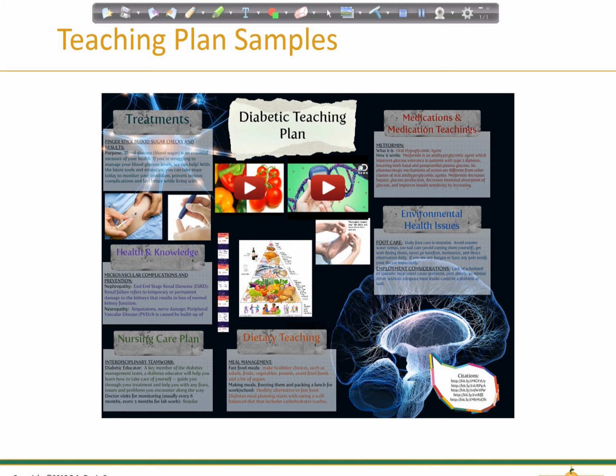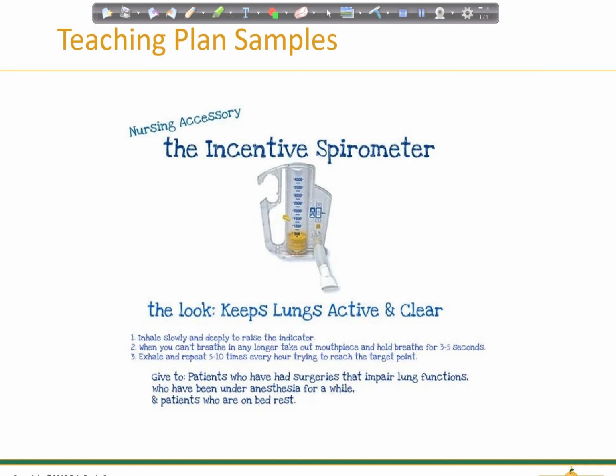So here's the teaching plan sample for diabetes, and it just gives short little pieces of information along with pictures and some videos that the patient could watch. Here's another one for the incentive spirometer. It gives you very brief directions, exactly how to do it, along with a picture.